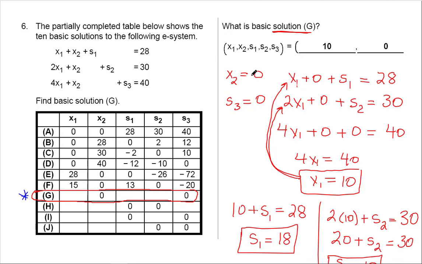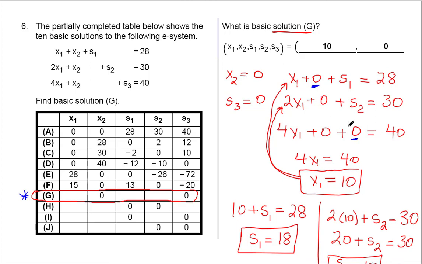All right, so let's see what happens. If x2 is 0, s3 is 0, S3 would be right there. So what does that mean? So here we have all the 3 problems. Here's where the S3 was 0. Here's where the X2 was 0.